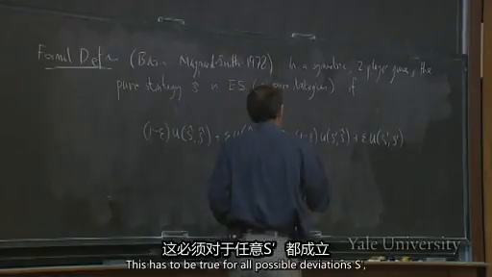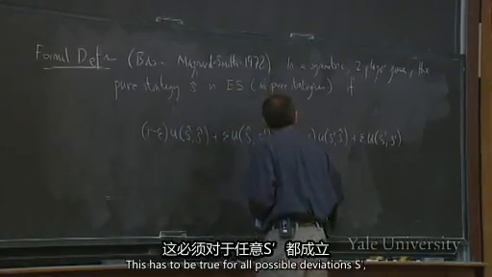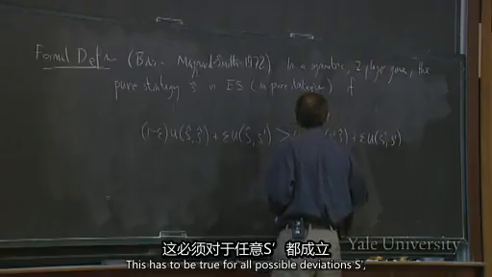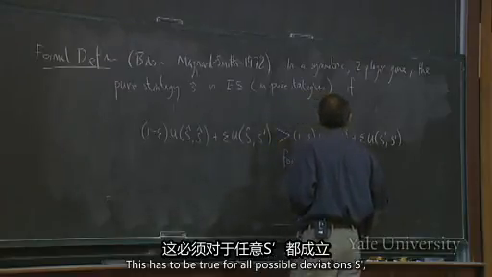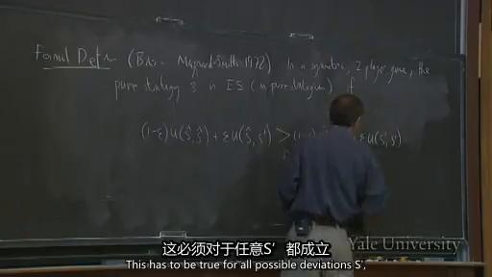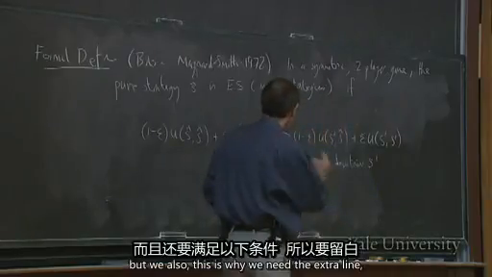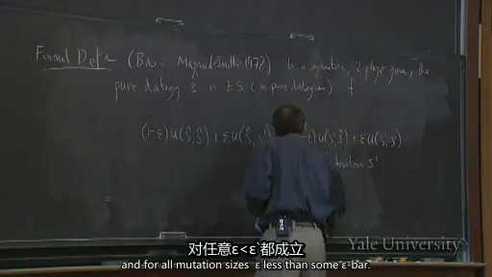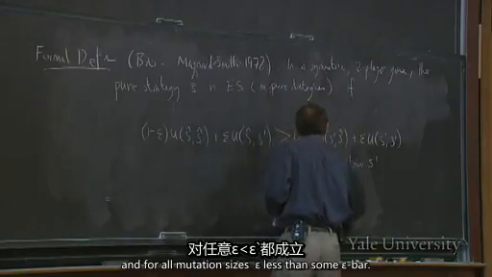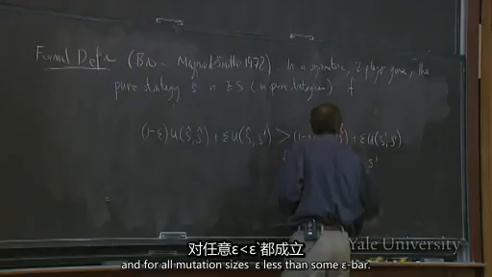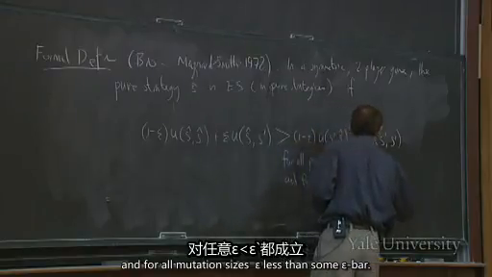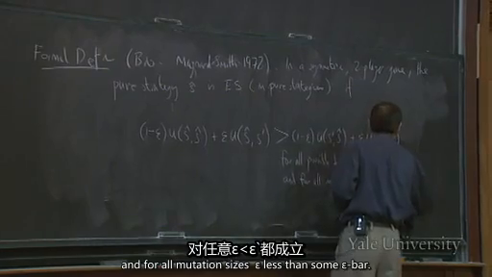All right? This has to be true for all possible deviations S prime. But we also, this is why I need the extra line, and for all mutation sizes epsilon less than some epsilon bar.